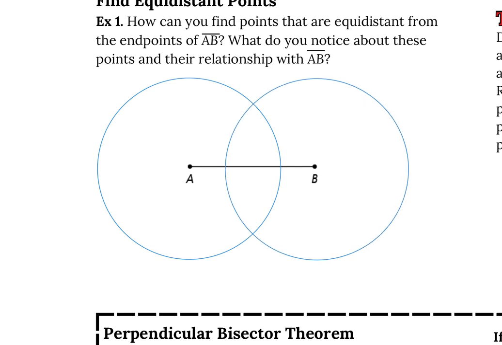Okay, so I've created 2 circles that are kind of representing the arcs that we would be creating with a compass. And I'm going to go ahead and create a line that goes through the intersection of those arcs where the circles are intersecting.